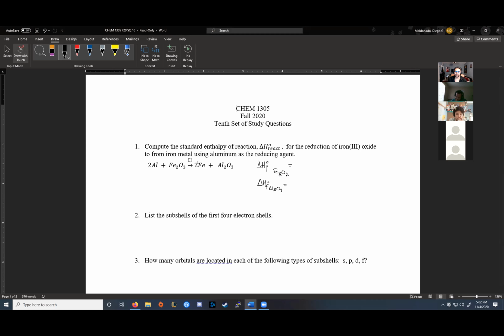And then do I have to worry about iron and aluminum in this case? Do these have enthalpies of formation? No. Why not? Because they're not compounds, they're elemental. Yeah, so we don't have to worry about these. That's the main reason. Can someone give me the enthalpies of formation for these two?